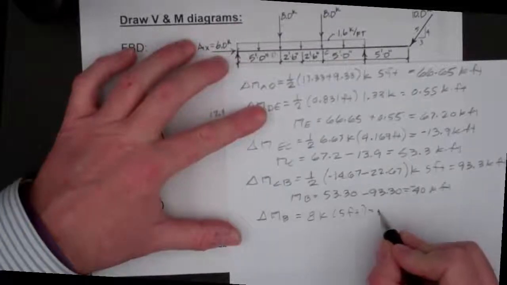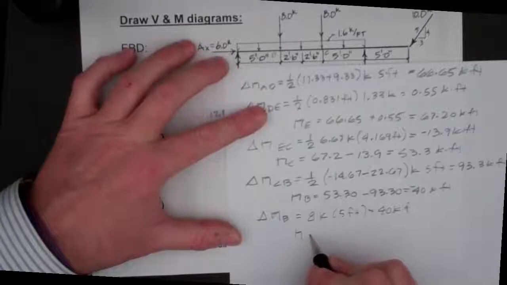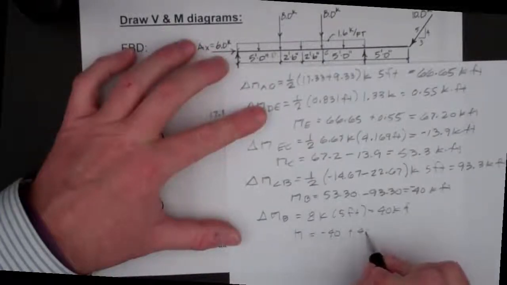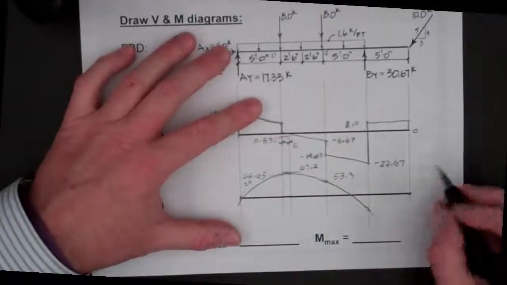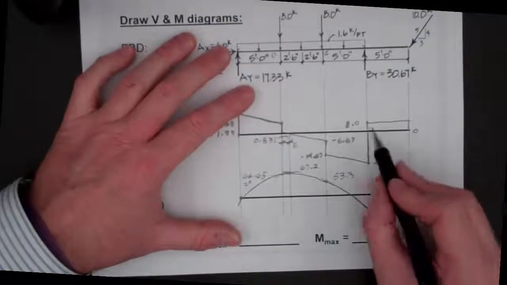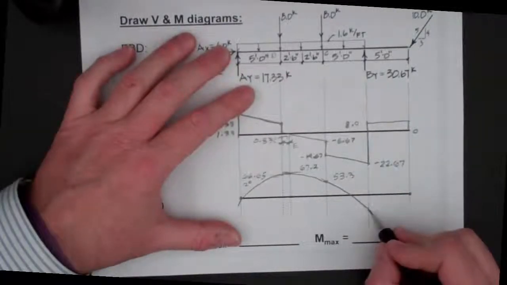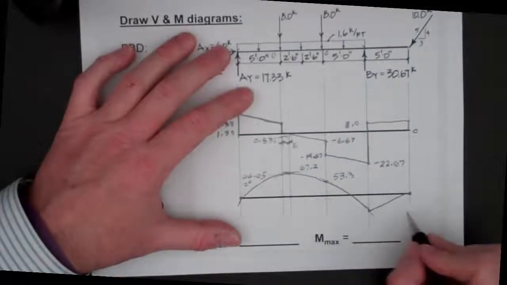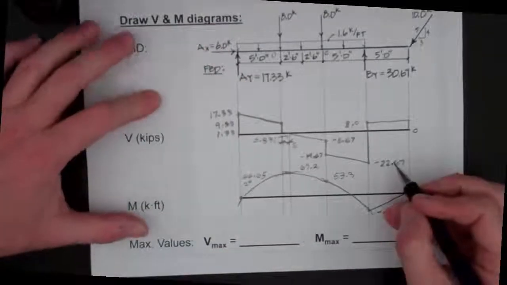So our new moment change is going to be a positive 40 kip feet. So the moment at the end is a negative 40 plus a positive 40, so we end back up at 0. And here we have a constant value of shear, so we have a constant line from the negative 40 up to 0. And for later use, we'll note this is a 1 degree line.